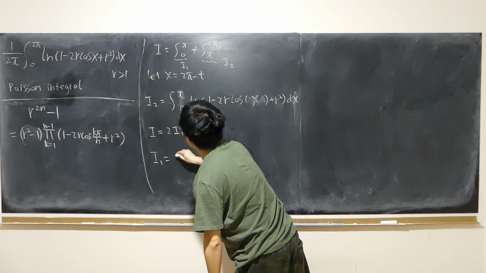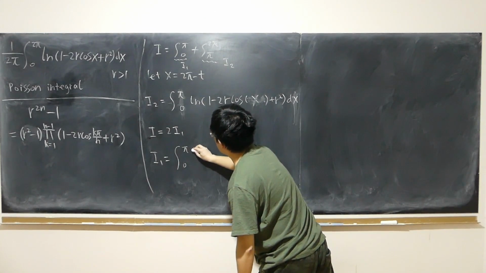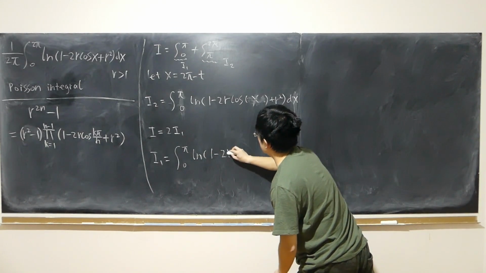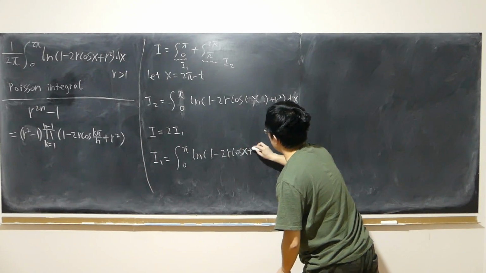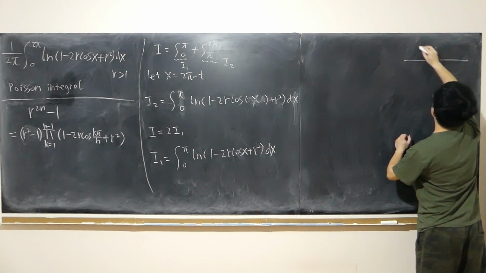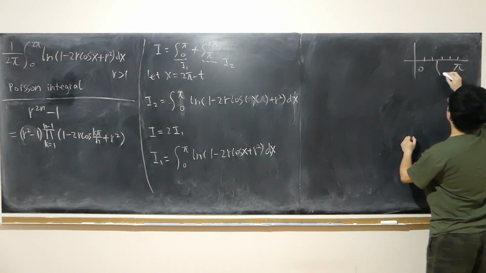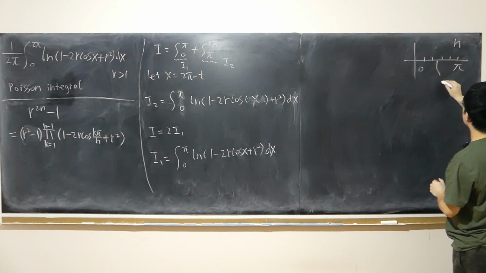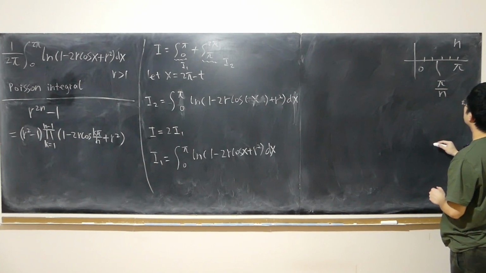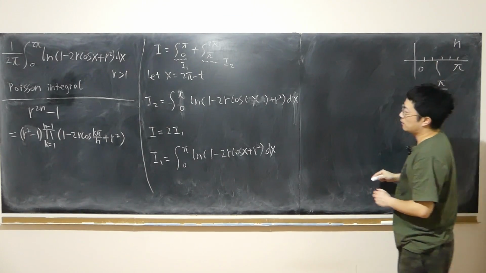I1 is equal to the integral from 0 to pi of log of 1 minus 2r cosine x plus r squared dx. We're going to partition 0 to pi into n equal parts, where each small interval has a width of pi over n. The functional value is taken at the right edge of each small interval. Take the Riemann sum.